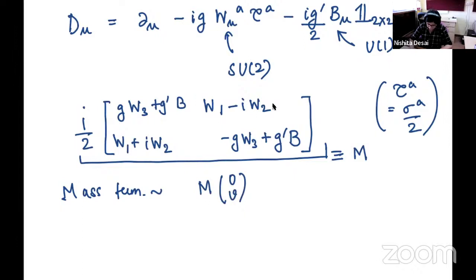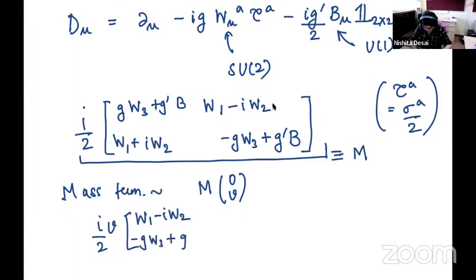So let's look at what that looks like. So there you have i by 2, essentially just the V times M. In the first case, you only get W1 minus i W2. In the second case, you get minus g W3 plus g' B.